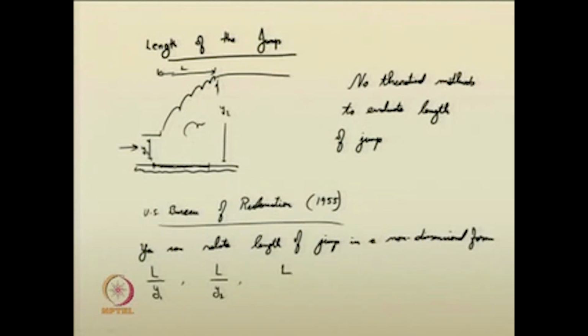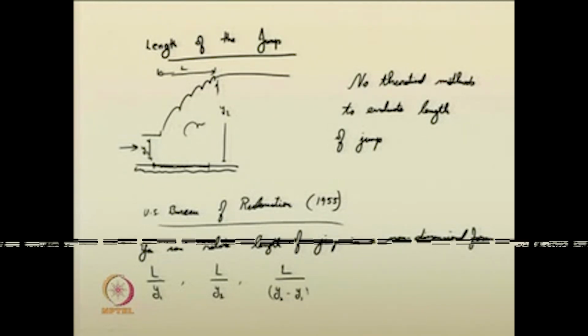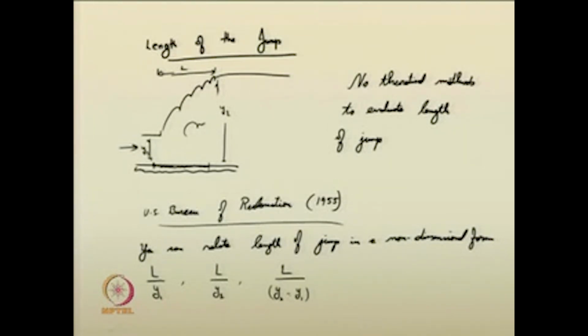You can also think of taking the ratio L by y 2 minus y 1. So, in various ways one can define a non-dimensional form for the length of the jump.